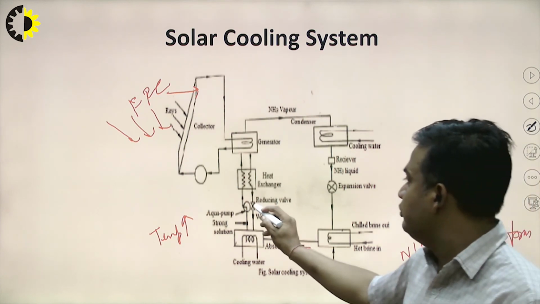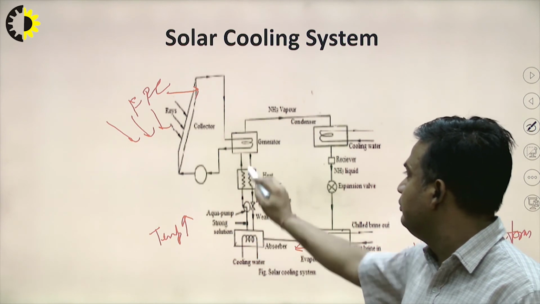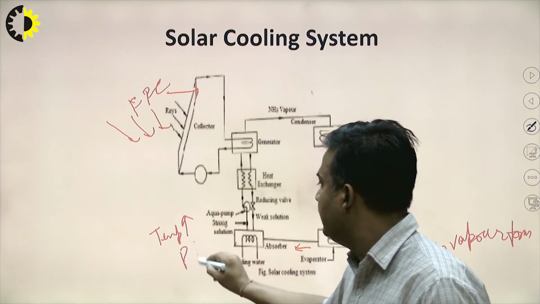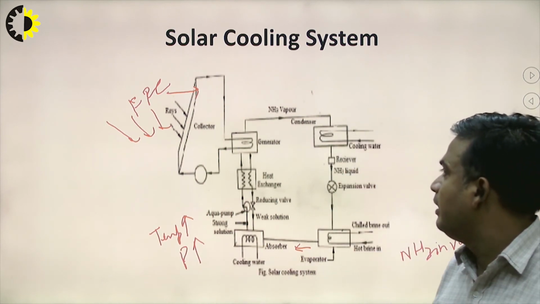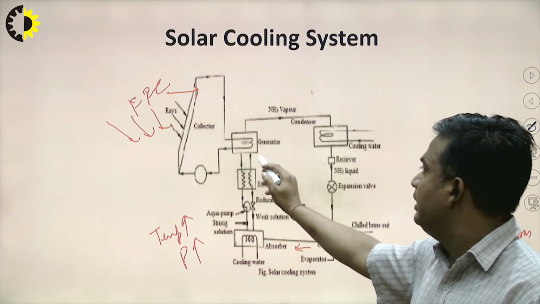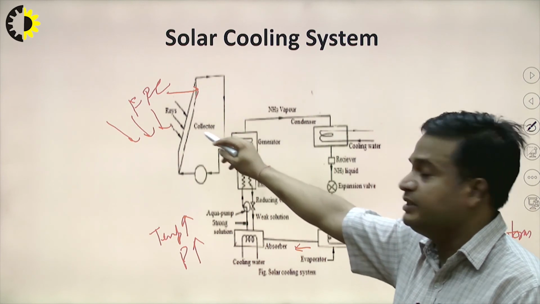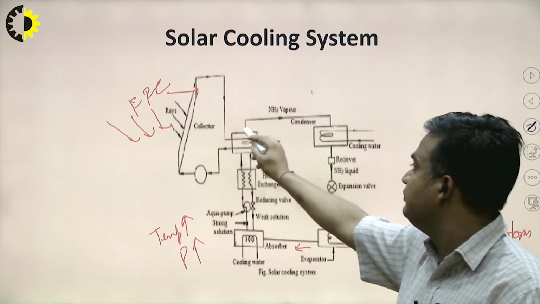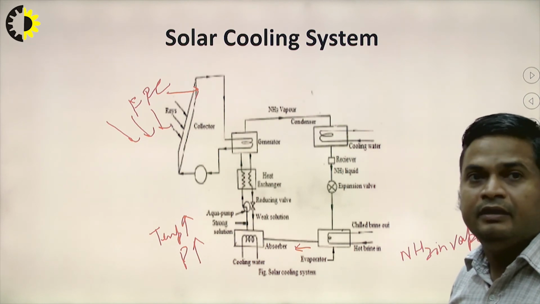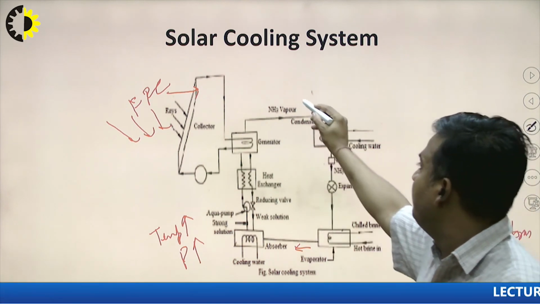Now here a pump is used to transfer this solution to the generator, thereby the pressure increases. In this generator, the energy taken by the collector increases the temperature of this solution, and the ammonia is converted into vapor form here.